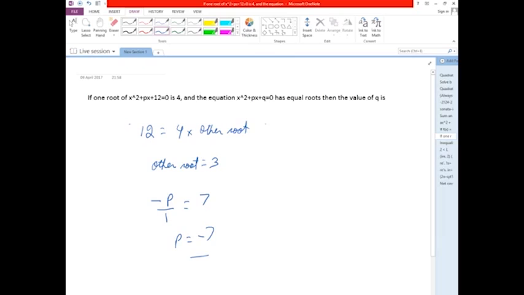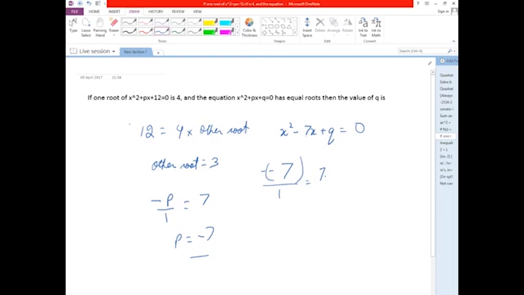So the second equation becomes x square minus 7x plus q equal to 0. Now the equation has equal roots. So again, sum of roots is minus b by a, which is minus of minus 7 by 1, equal to 7.